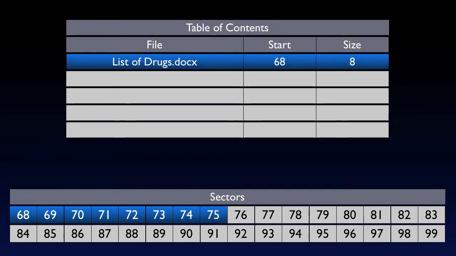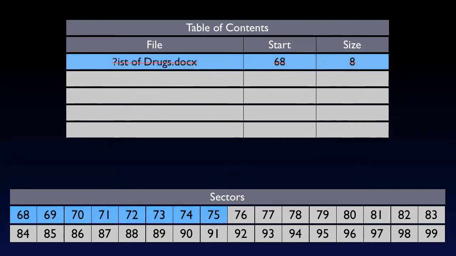Now, when I delete a file on a computer, all that's really happening is it changes the first character of the file name in the table of contents. That's right, the file itself is not deleted. It remains on that computer. So if someone asked you, how long is a deleted file on a computer?